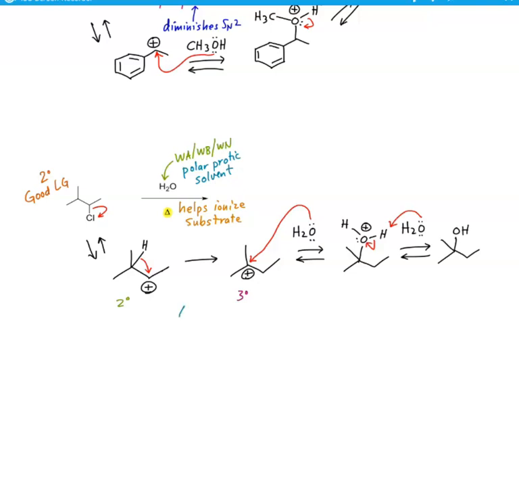So the moral of the story for this example is to remind you that carbocations can rearrange. So you have to be on the lookout for that when you're drawing mechanisms and predicting products, not only for SN1 reactions, but for E1 reactions as well.